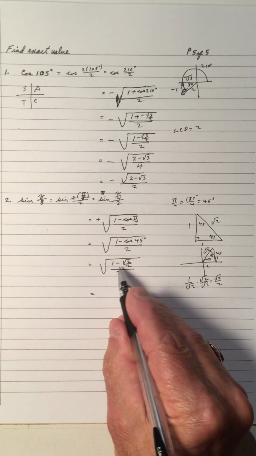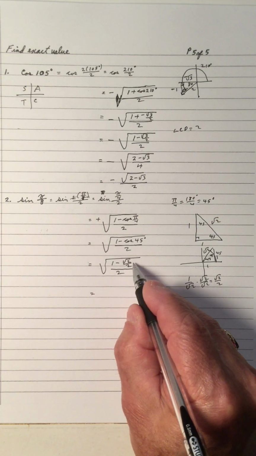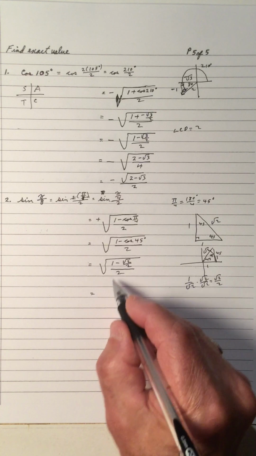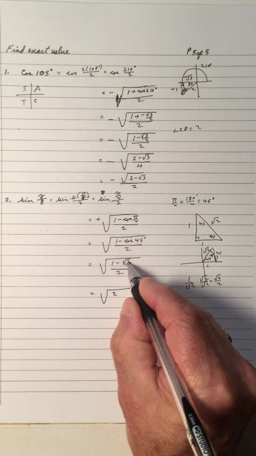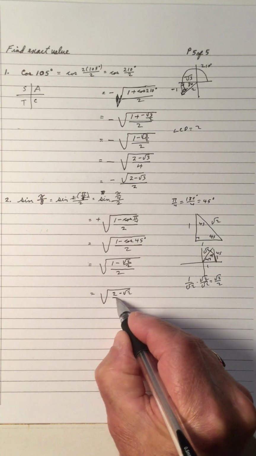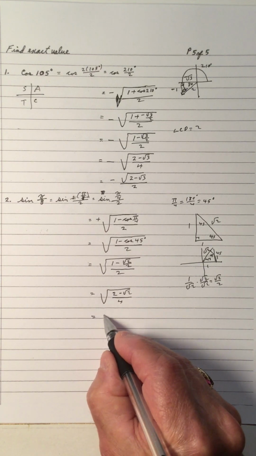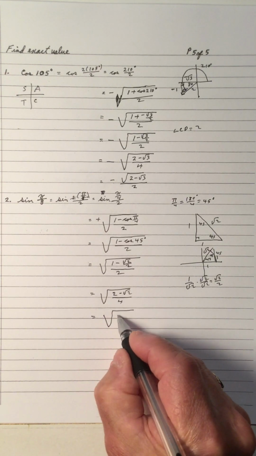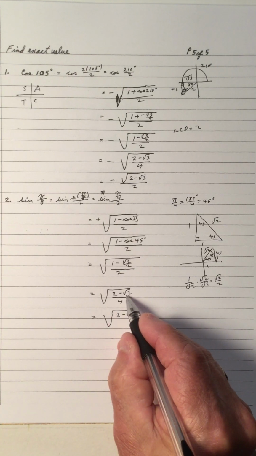And again, we have a complex fraction. The common denominator is 2. So I'm going to multiply top and bottom by 2. So 2 times 1 is 2. 2 times negative root 2 over 2 is negative root 2. 2 times 2 is 4. And that gives us the square root of 2 minus root 2 in the numerator.